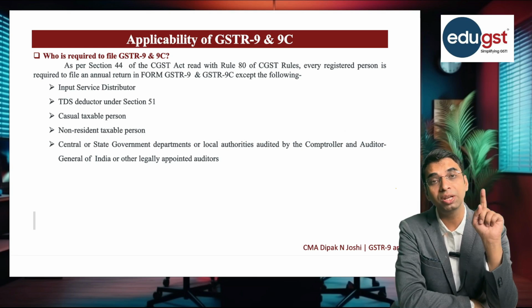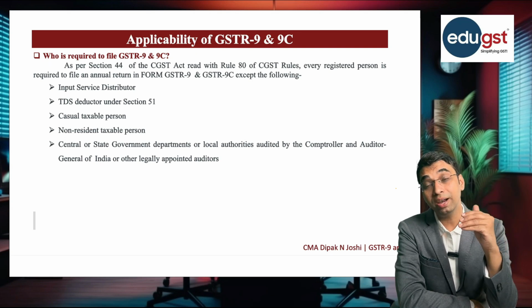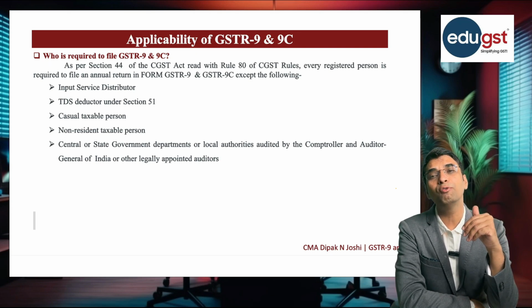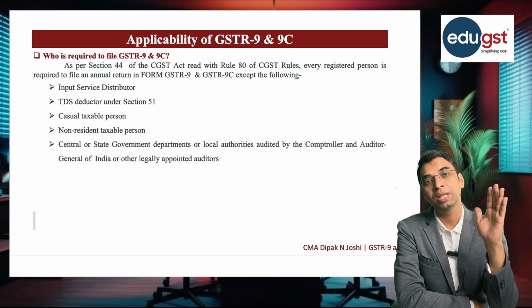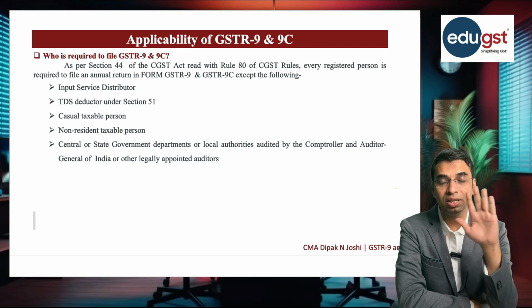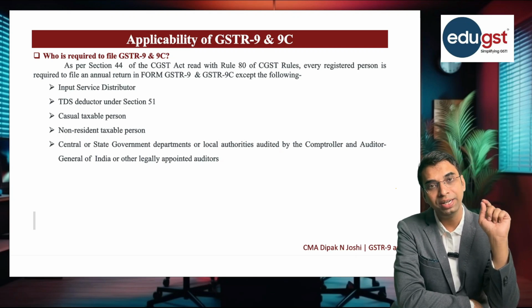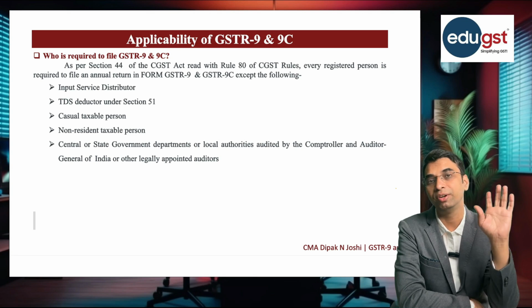First, input service distributor. Input service distributor, where registration is taken only for the distribution of credit to your other entities having the same PAN number. In that case, there is no need to file GSTR-9 as well as 9C. TDS deducted under section 51.